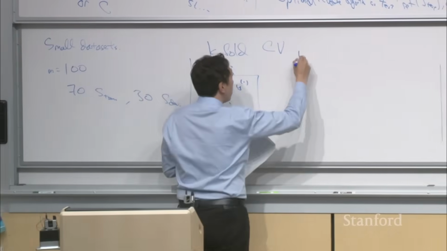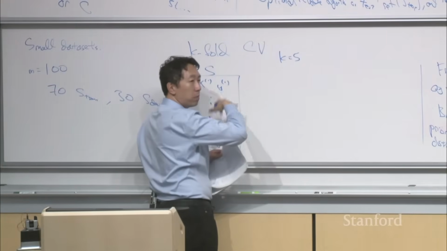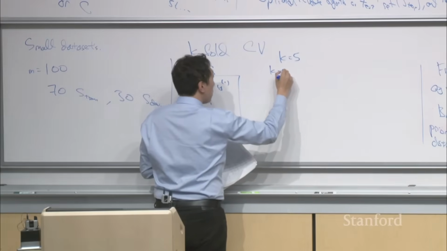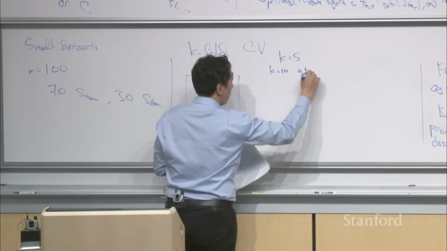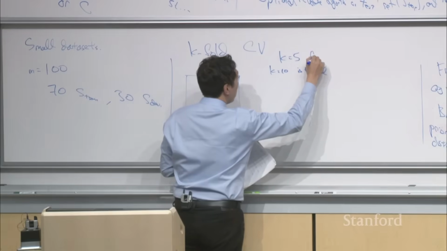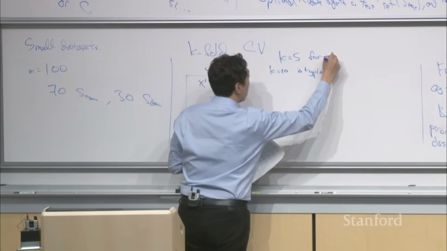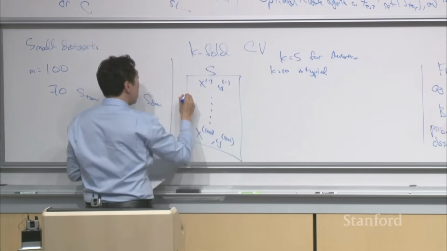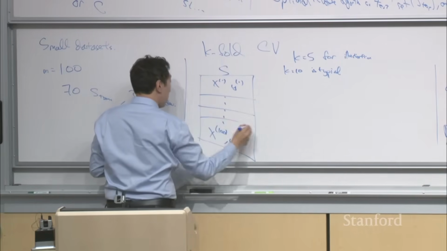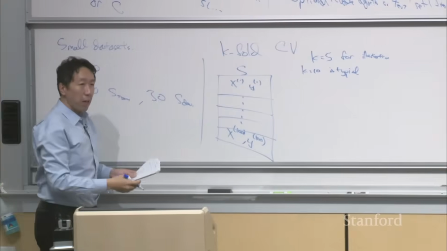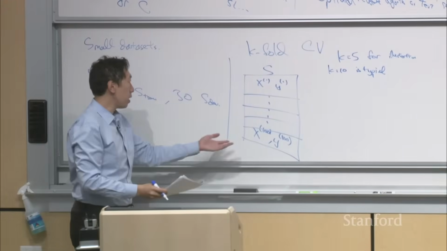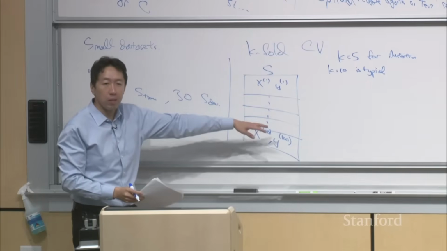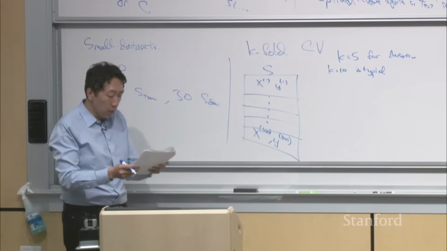For the purpose of illustration, I'm going to use k equals 5 to make the writing on the board sane. k equals 10 is typical. So what you do is take your data set and divide it into 5 different subsets. In this example, 100 examples divided into 5 subsets, so there are 20 examples in each subset.